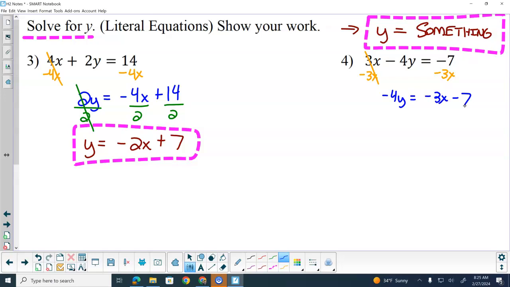We're up to wanting to get y by itself. What do we got to do? Divide everything by -4, right?